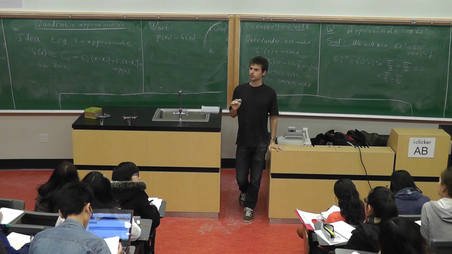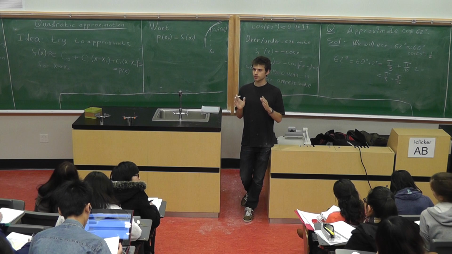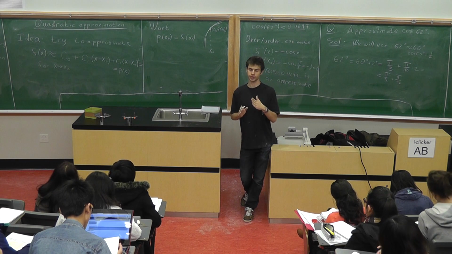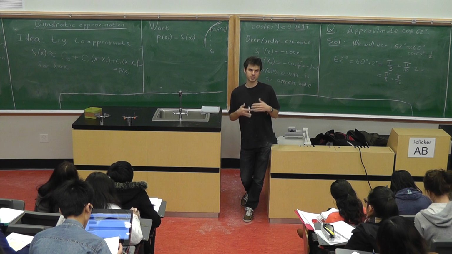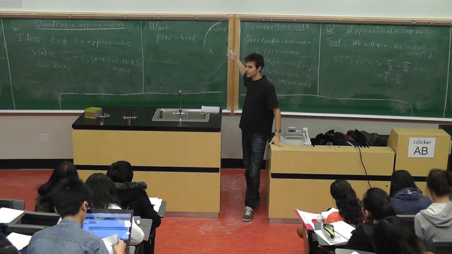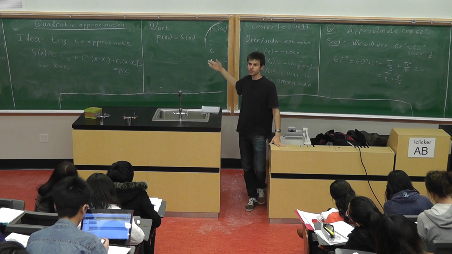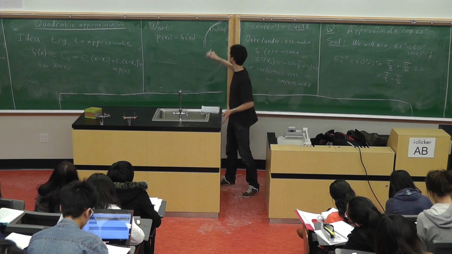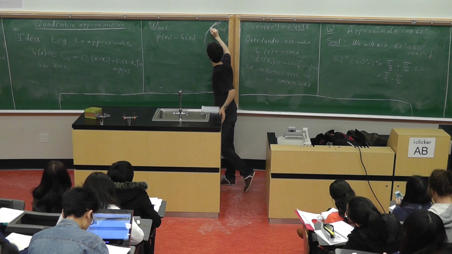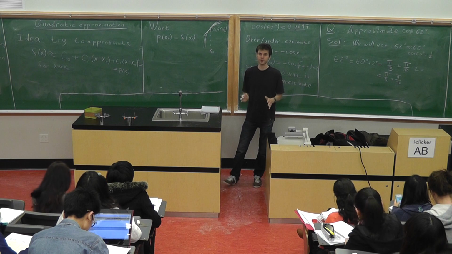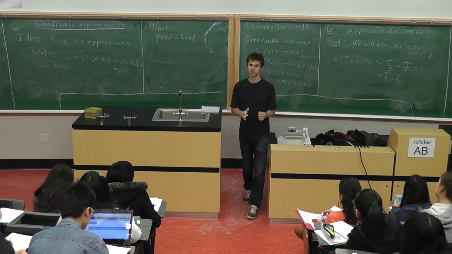Next, I want the parabola and the graph to have the same tangent line. I want this parabola approximation to be at least as good as my linear approximation, so I want it at least to have the same tangent line. Once again, it's the same thing that I required for the linear approximation.